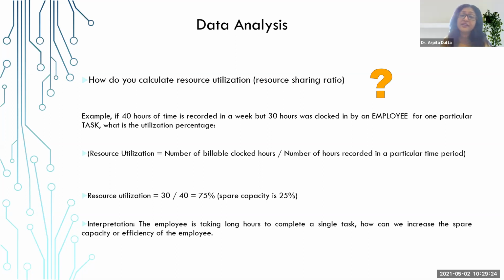Spare capacity of the individual. Here in this case, we are talking about the resource as an individual. So let's say there is an individual, time, and completing one particular task.